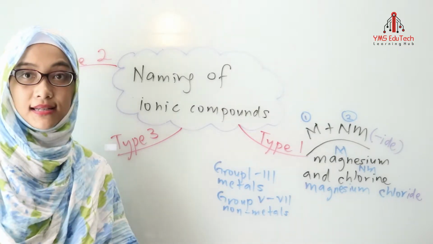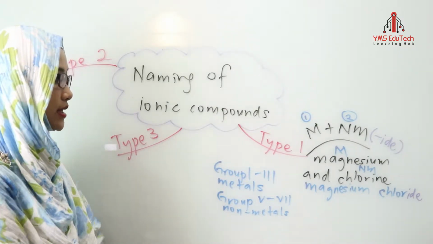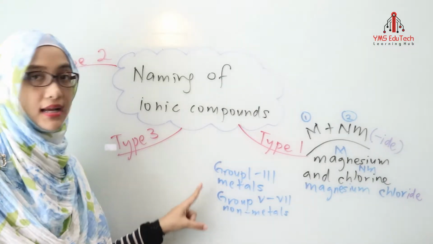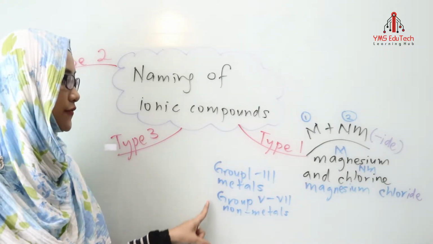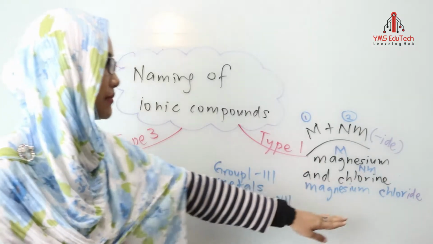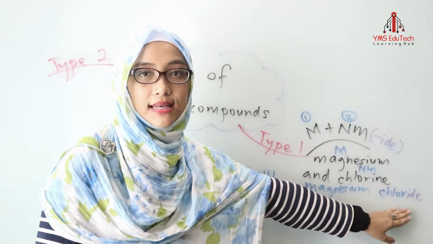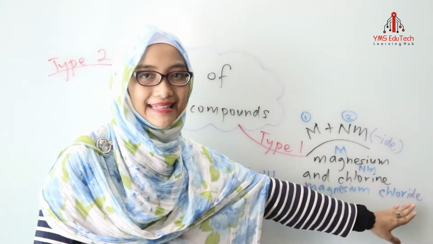Do you understand? Alright, so that is type 1. Between metals of group 1 to 3 as well as non-metals of group 5 to 7, you name the metal first, followed by the non-metal, and you end the name of the non-metal with "ide."